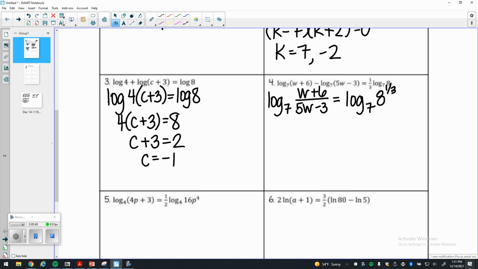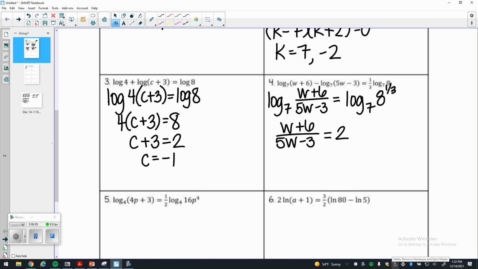You gotta put them all together. Now, do they have the same base? Yes. So I'm gonna have w plus 6 divided by 5w minus 3 equals, well, what's 8 to the 1/3 power? You can use your calculator. You can do 8 to the 1/3, or you can take the cube root of 8, the same thing. The answer is 2.